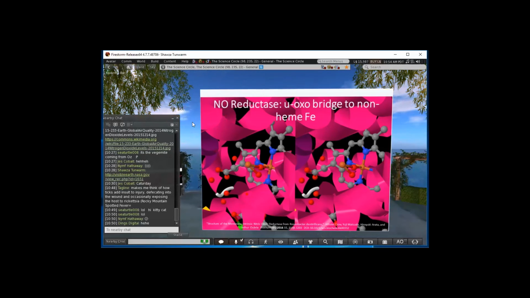It's very likely that this bridging iron atom is very important to the function of the NO reductase. It probably gets attached to the nitric oxide at some point.